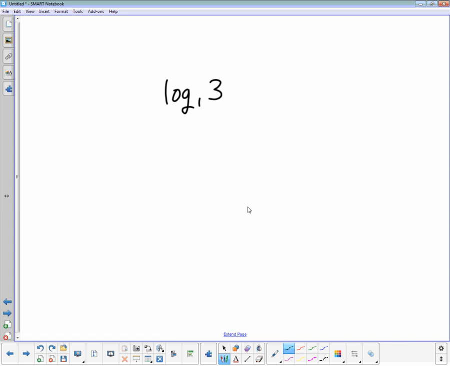Whatever the heck that number is, it's equal to something. By the first rule of logs, this means if I write 1 and multiply 1 times 1 times 1, how many times do I have to multiply 1 times 1 in order to get 3? Can't. Does not exist. So the log of base 1 can't exist. Okay?